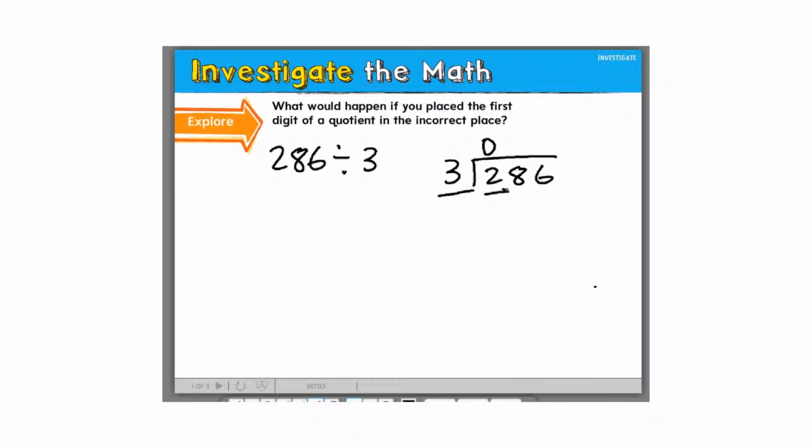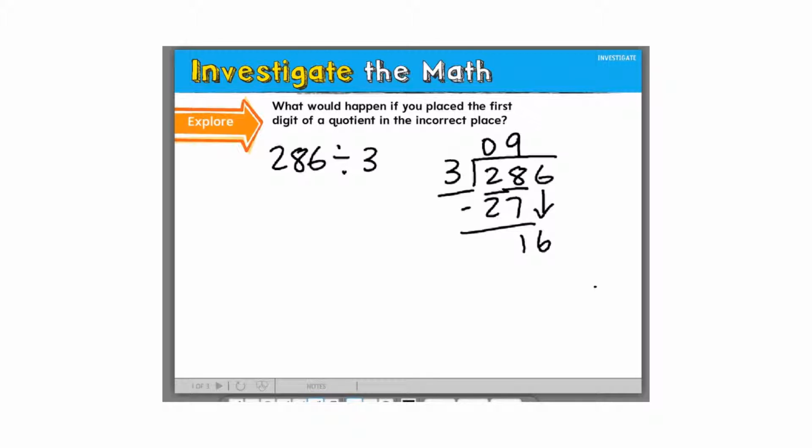Now, I'm dividing 3 into 28. So how many times will 3 fit into 28? How many times, Seema? 9 times. That's our divide. Then we multiply 9 times 3 and we get 27. Then we subtract and we get 1. And then we bring down the 6. How many times does 3 fit into 16? Hamza? 4.